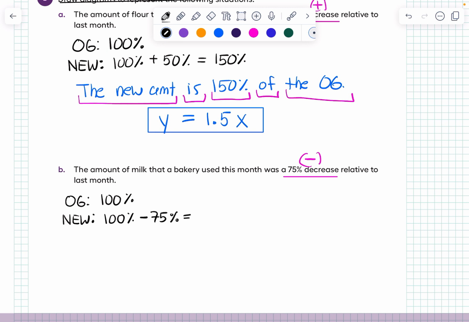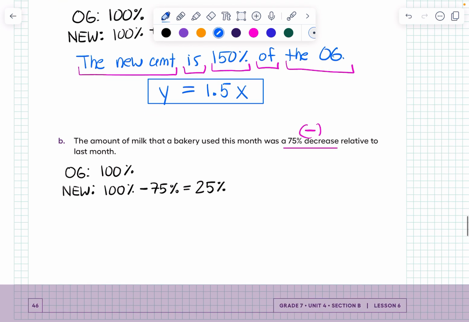That means it would be at 25% now. So let's build the sentence. The new amount is 25% of the OG.